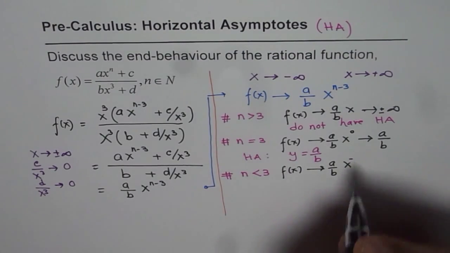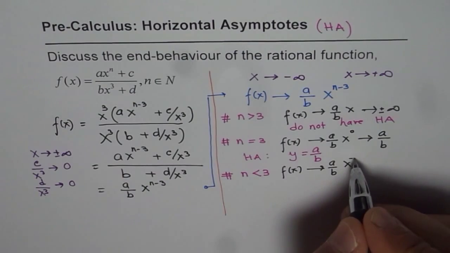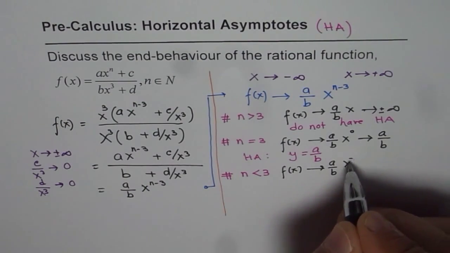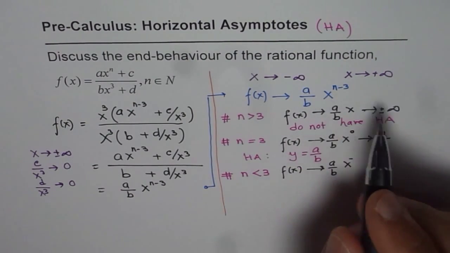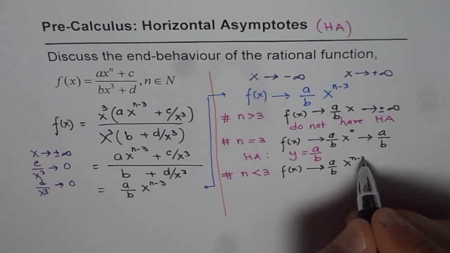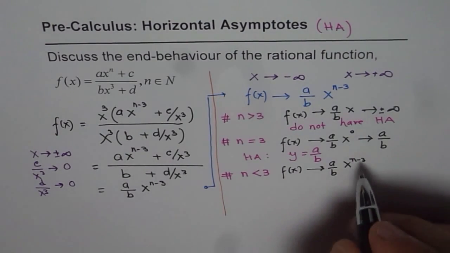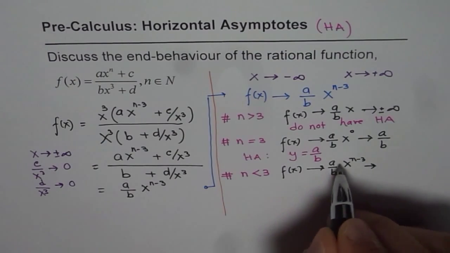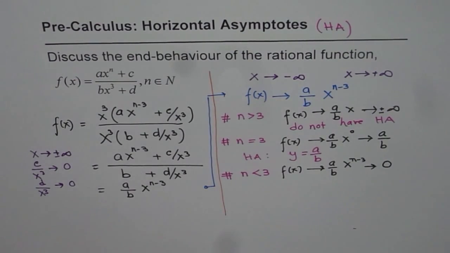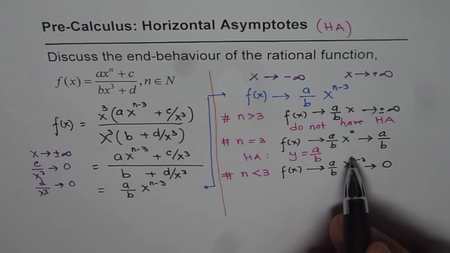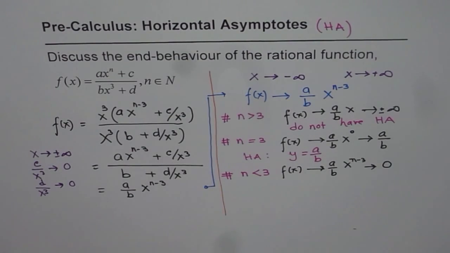Do you see that? Let me write n minus 3 itself, because n could be 1 or 2, so this is negative. So this value approaches 0. It becomes a over b divided by x or x square. You get the point, right?